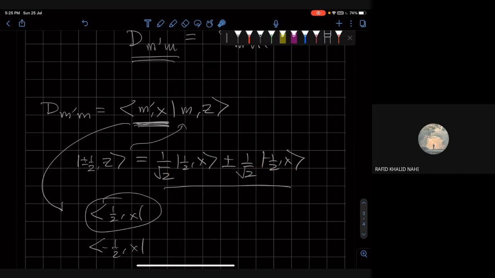Will it ever be 0? It's 1 over square root of 2. It's also 1 over square root of 2, or minus 1 over square root of 2, right? So we see that this inner product can never be 0. Can it be 1?